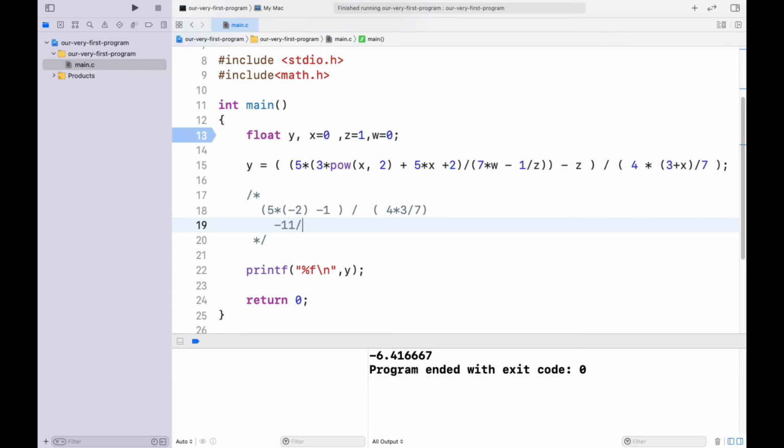then we have it divided by 4 into 3 divided by 7.